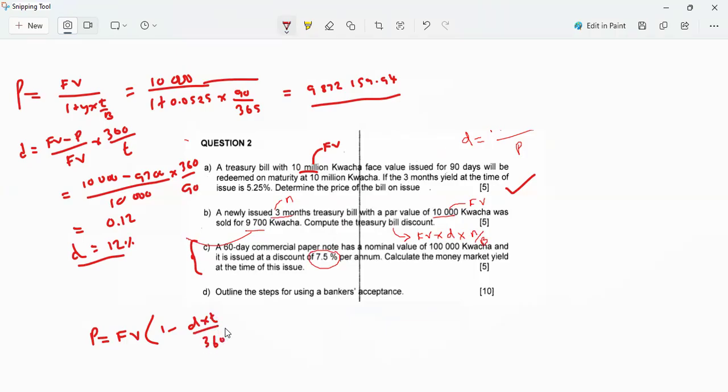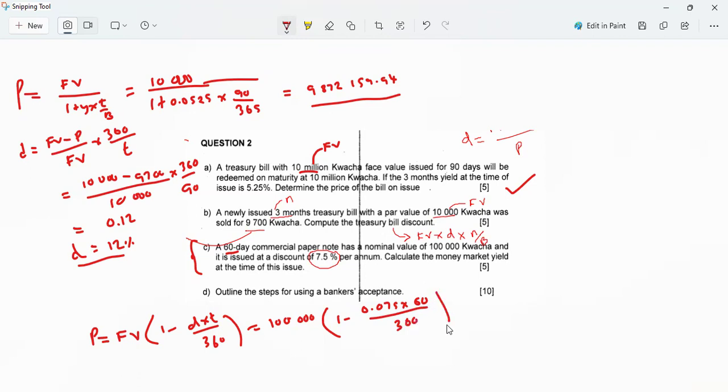So the price: our face value is what? 100,000, times one minus the discount rate, 7.5%, times the time, a 60-day period, so 60 over 360.